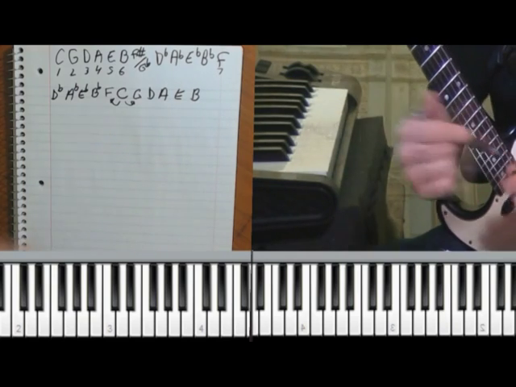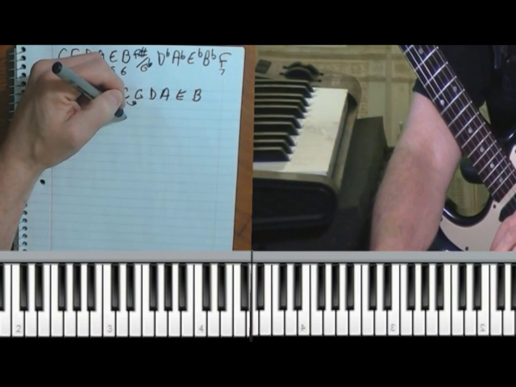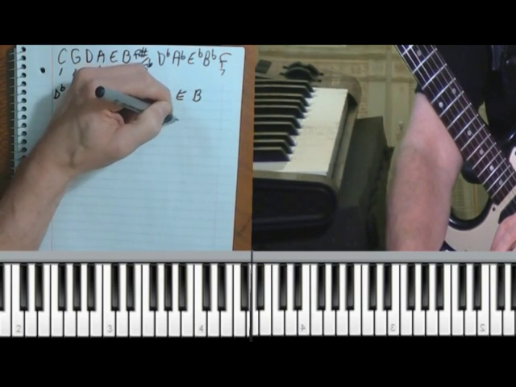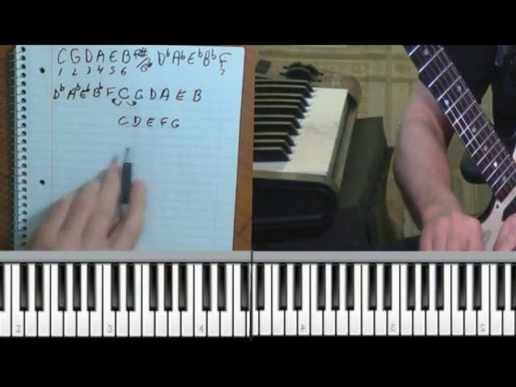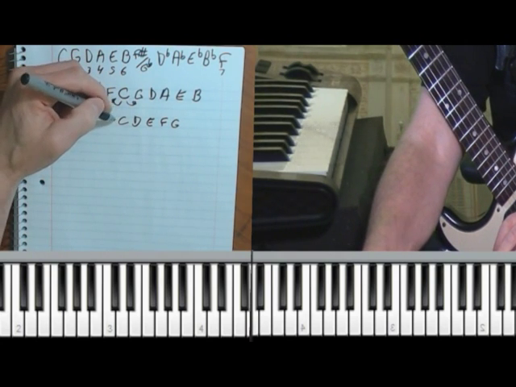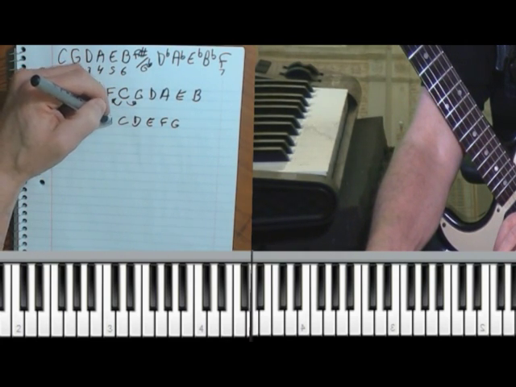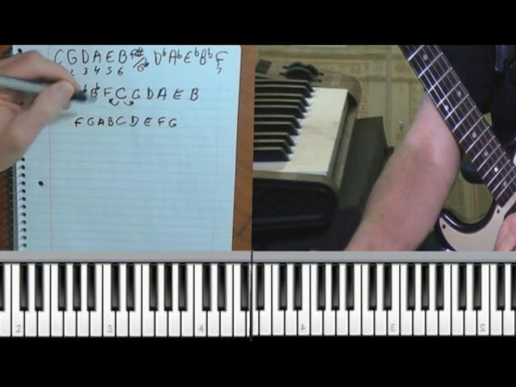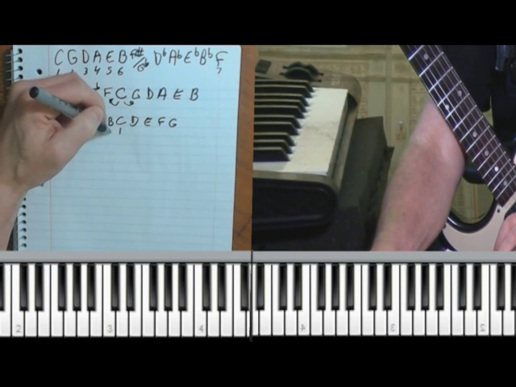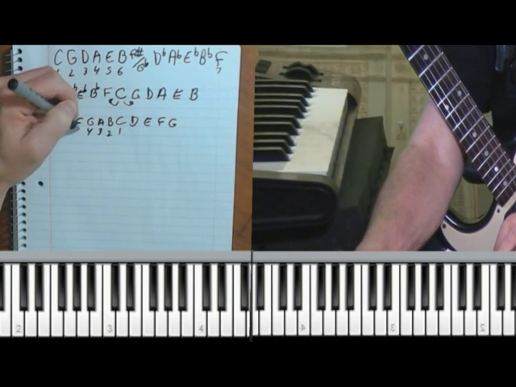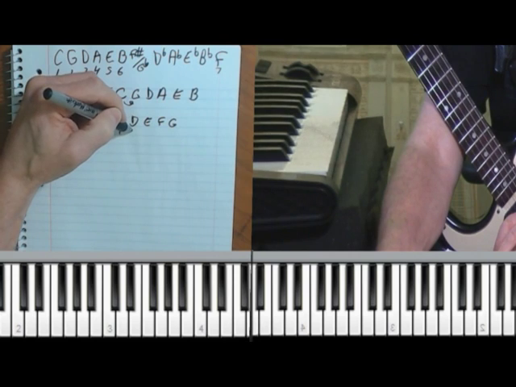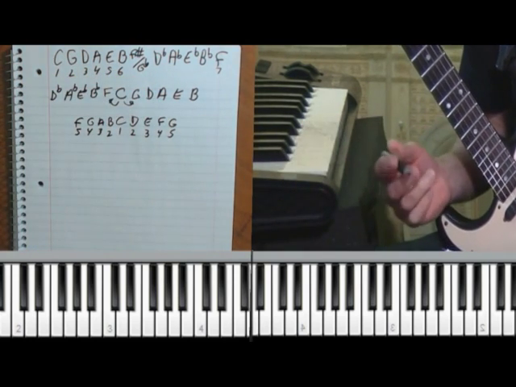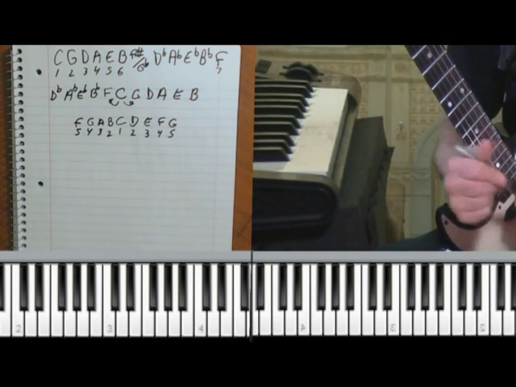So they're inversions of each other, F and G.